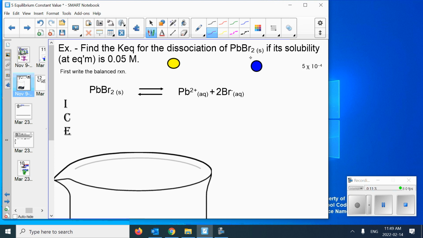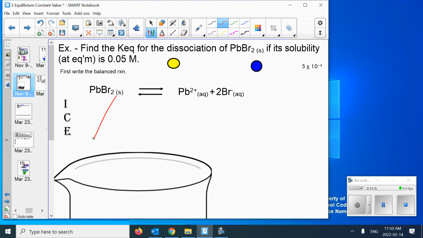What you have to know is the word dissociation is a fancy word for dissolve when you have an ionic compound. It dissolves and separates into its charged particles. We'll use the word more often. The next thing is, for an equilibrium ICE chart, equilibrium calculations, you never use a solid, so you put a line through there.